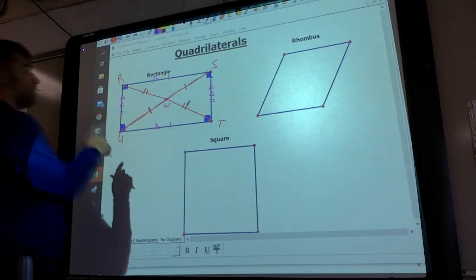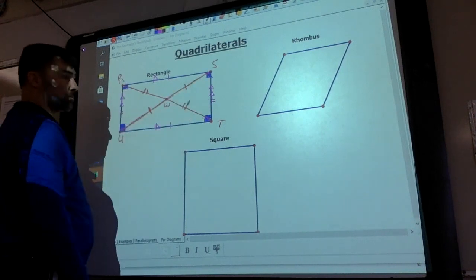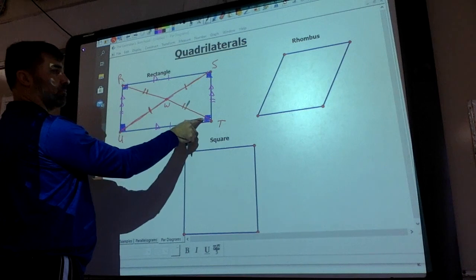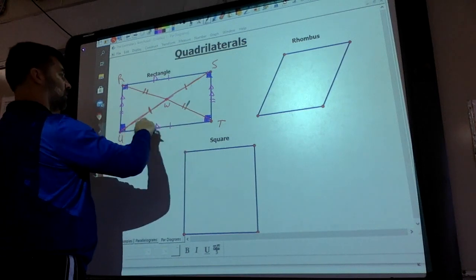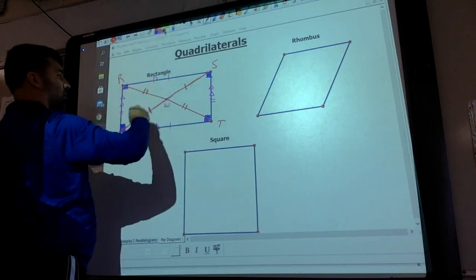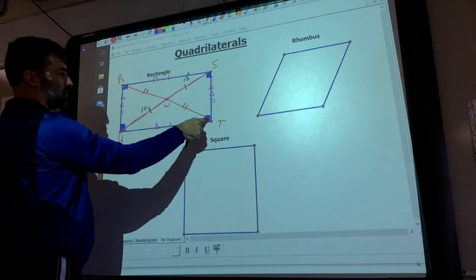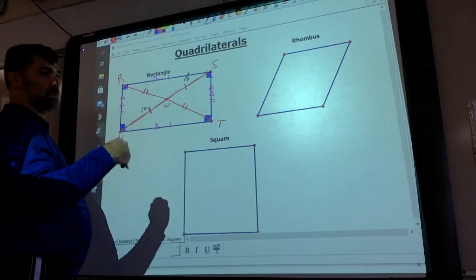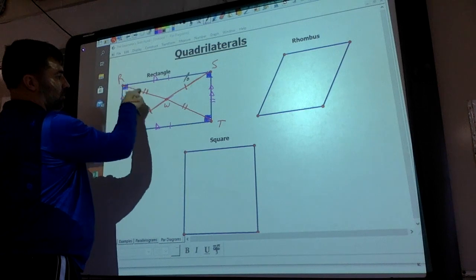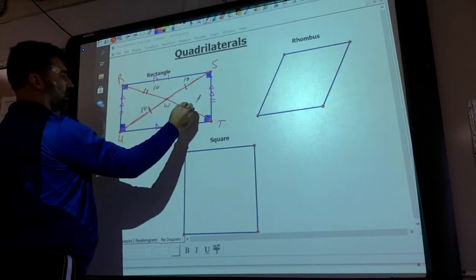If the diagonals are congruent, let's say US is 20. That means RT would also have to be 20. So if this whole thing is 20, that means each one of these would be 10, because that diagonal would bisect. Other way around. If these diagonals are the same, okay, and that bisects, that means this would also be 10 and that would also be 10.